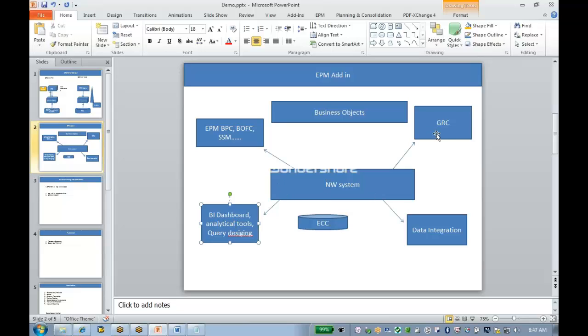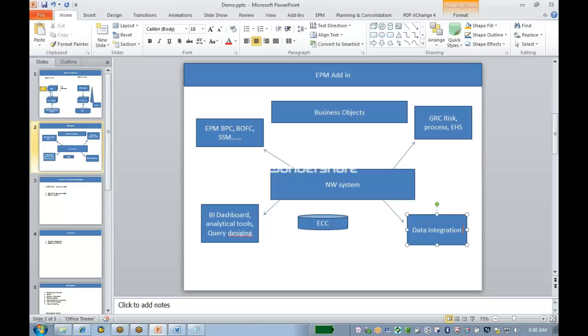Now, what is GRC? Most of you know, this is a risk product, for risk and process oriented work. Then EHS, environment, health and safety, is part of this GRC now.